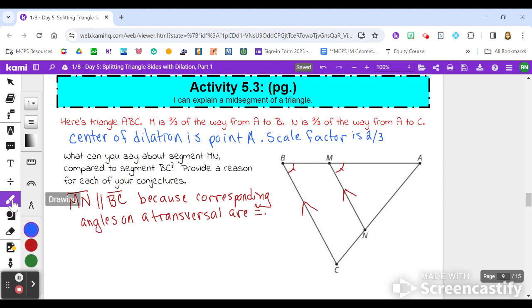The other thing I realize is that MN is equal to 2/3 times BC, because we're multiplying our scale factor on our original image.